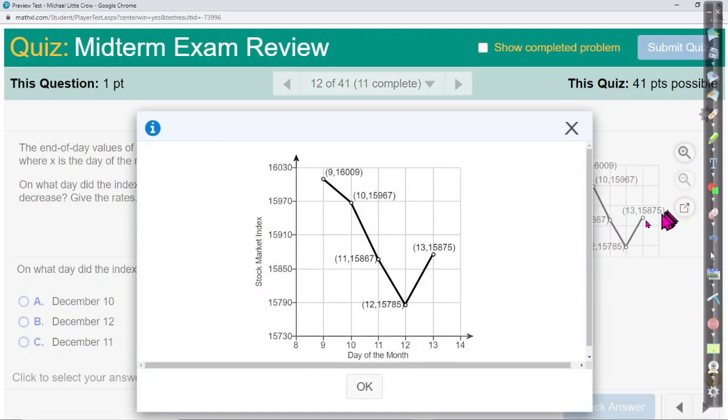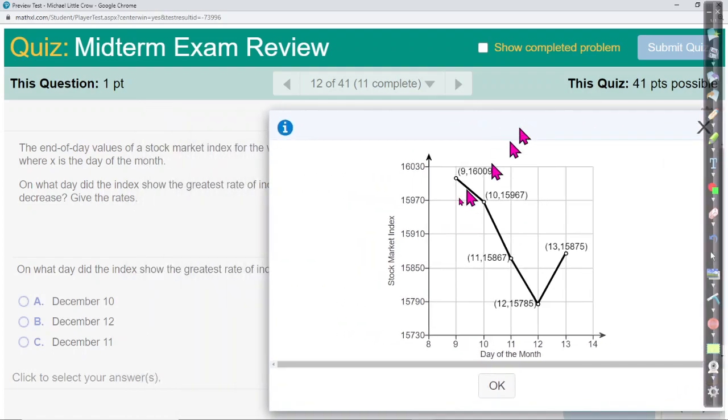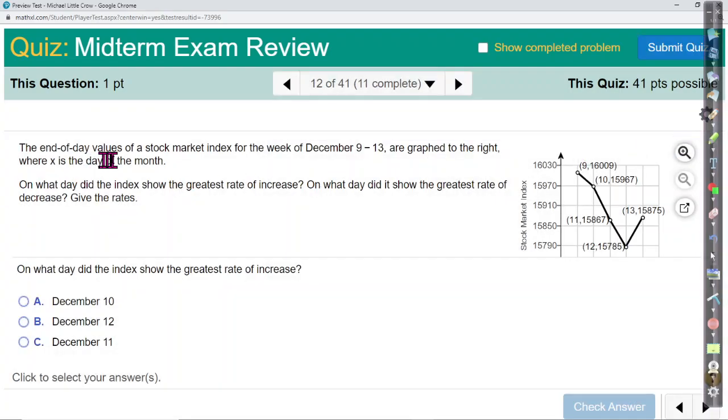Okay, so we'll make it nice and big from 12 to 13. That's December, let's see, what's the question? It's going down, down, down. These are, let me read again, the end of day values. So at the end of the day, on the 12th, it was down here.